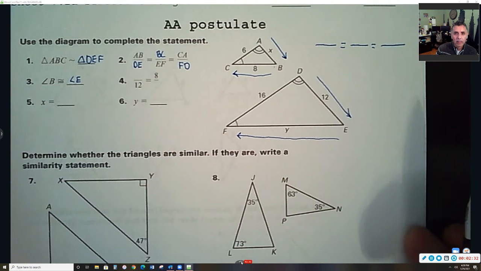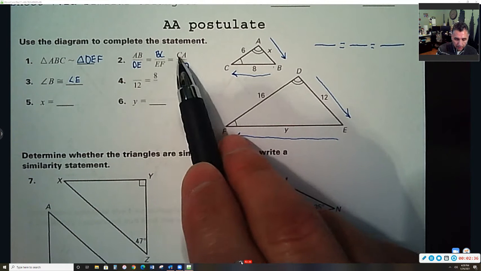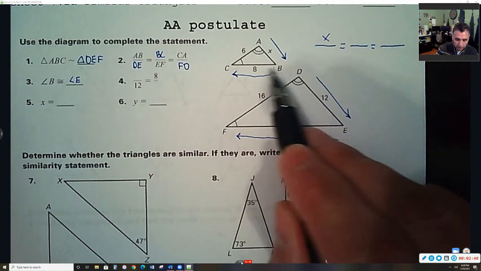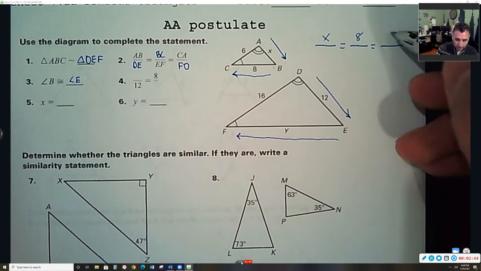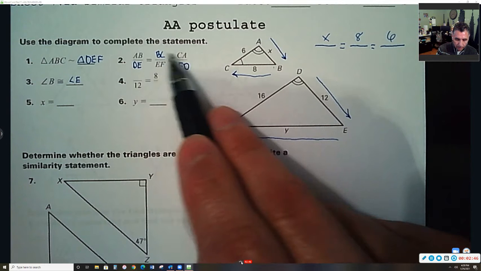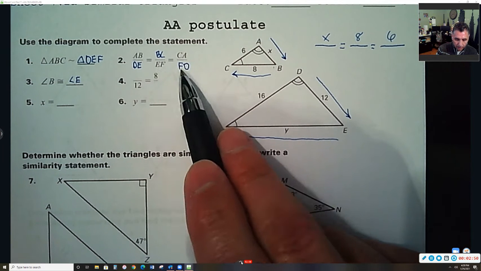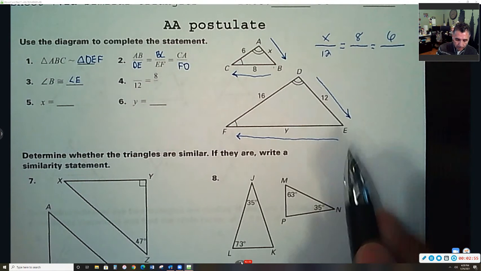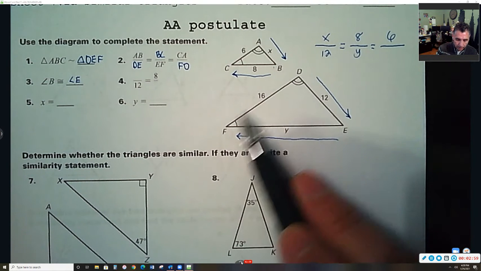Okay. And then if we look at this proportion here, instead of looking at the letters, if we look at the values, like AB, BC, and CA, AB is x, BC is 8, CA is 6. So again, instead of looking at the letters, I'm looking at the values. So DE, EF, FD, here's DE, here's EF, and here's FD.